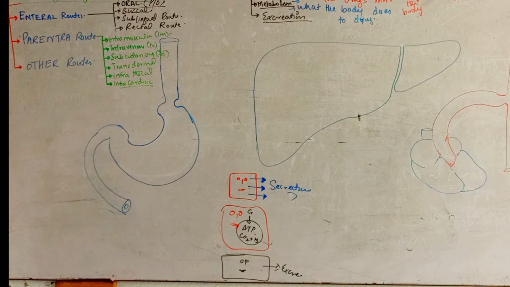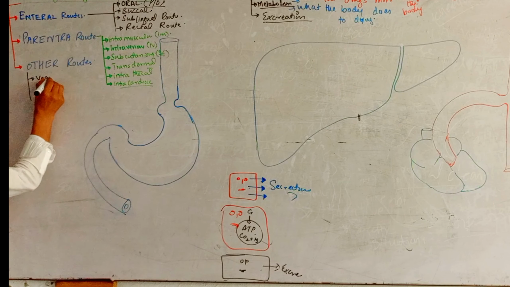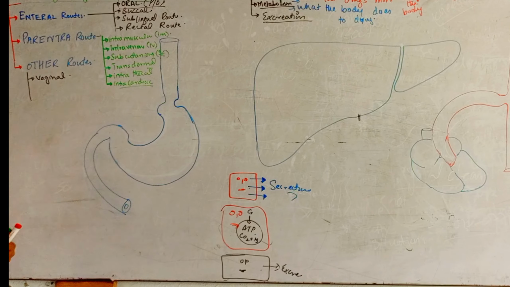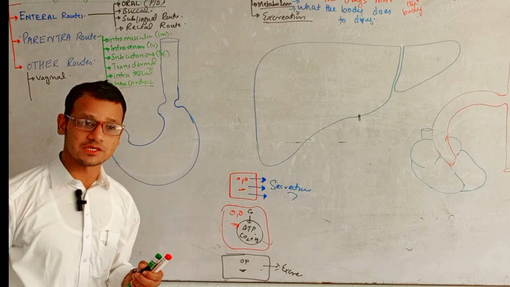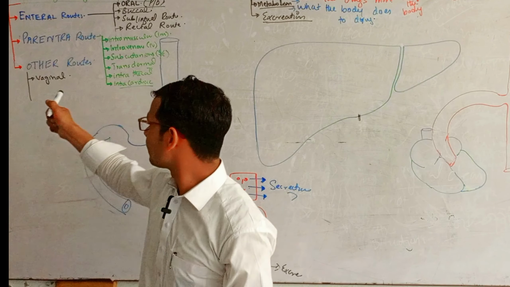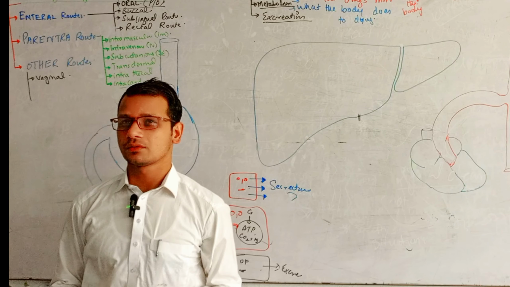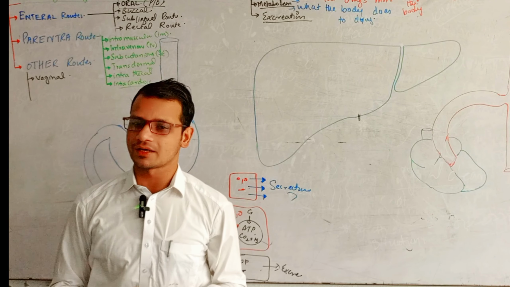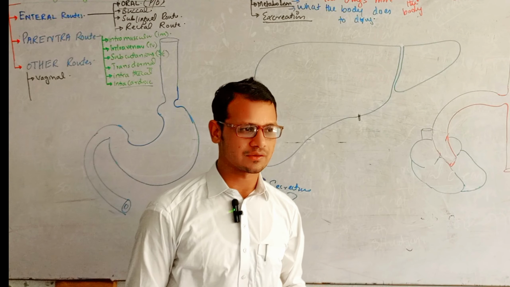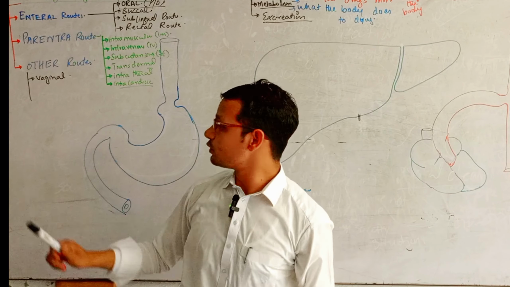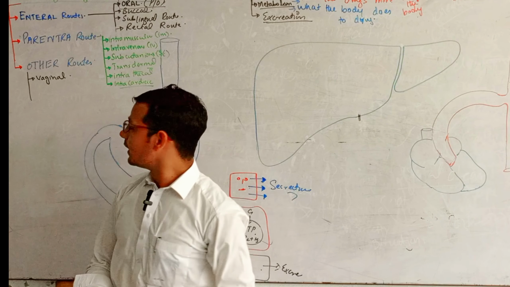Other routes: all the routes other than parenteral and enteral are called other routes. First, for example, we have the vaginal route, for example contraceptives are used through the vaginal route. For antifungal drugs for fungal infections, we use vaginal routes.